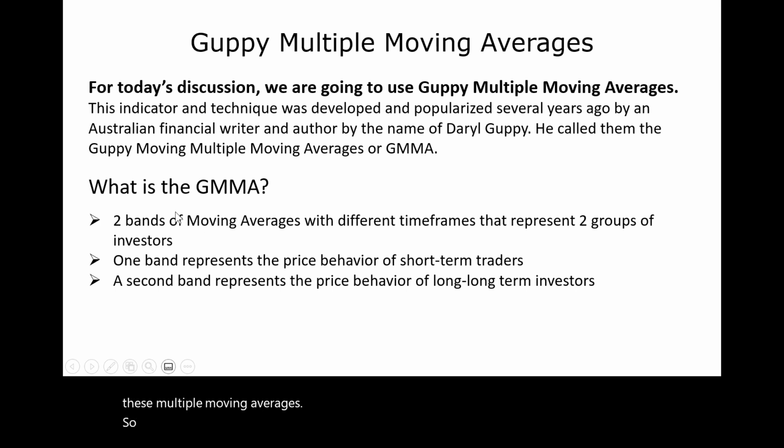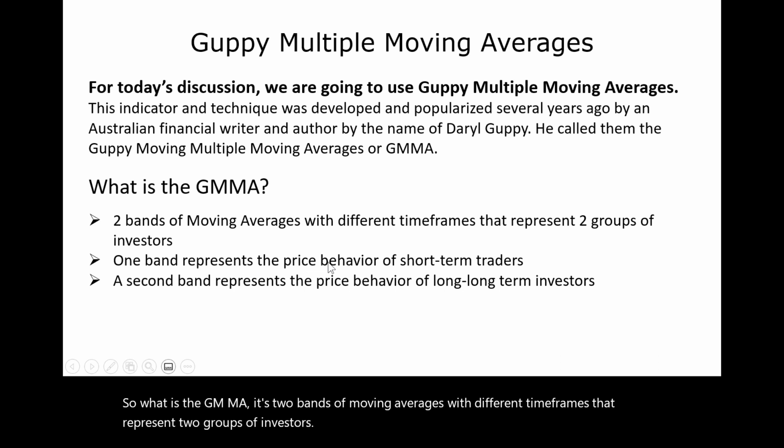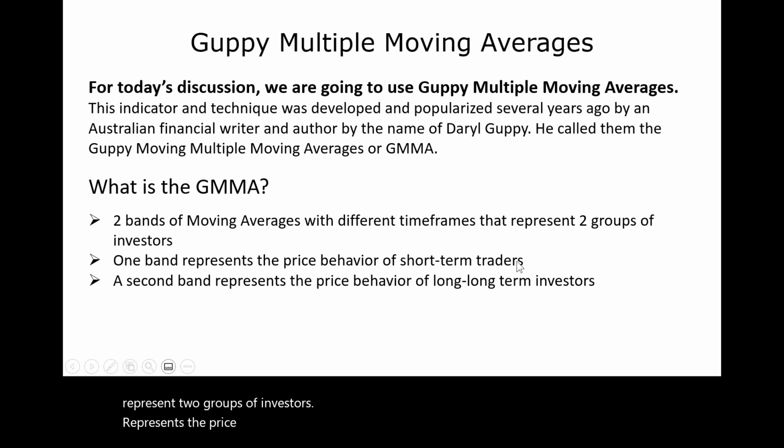So what is the GMMA? It's two bands of moving averages with different time frames that represent two groups of investors. One band represents the price behavior of short-term traders, and a second band represents the price behavior of long-term traders. So it's bringing those together.